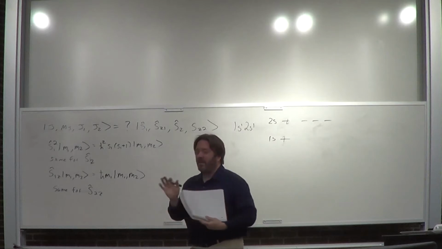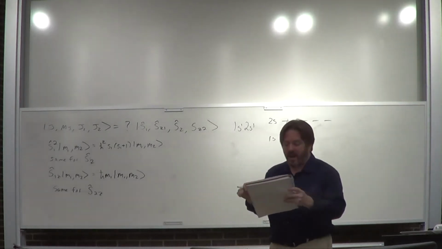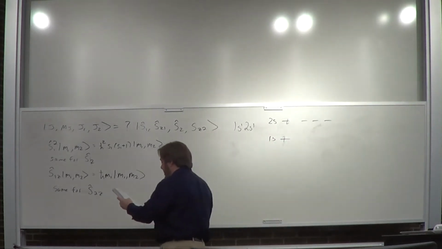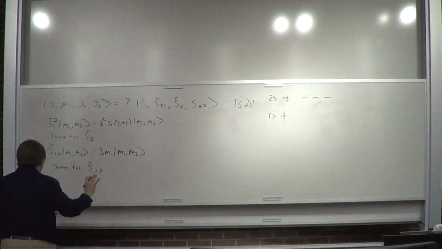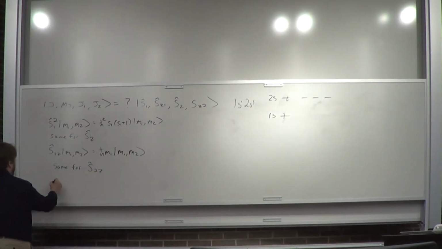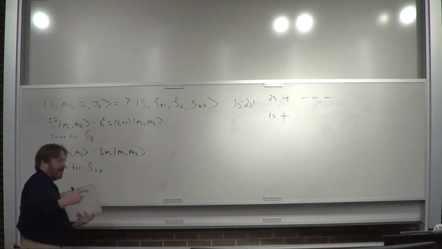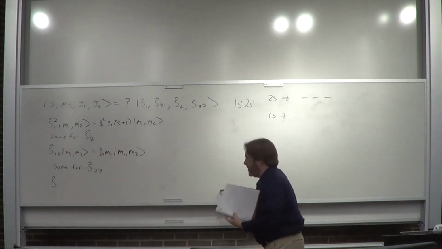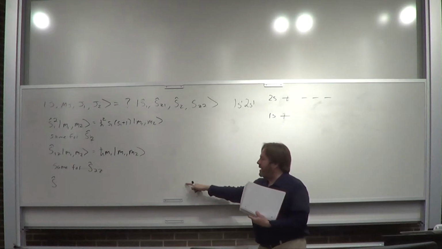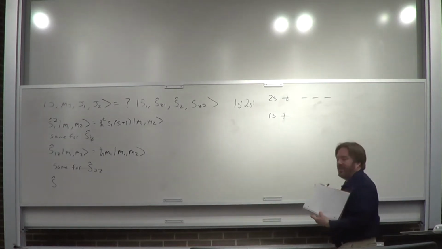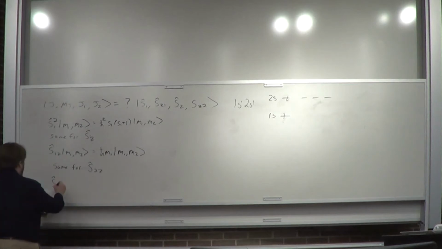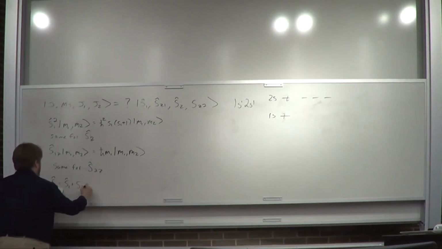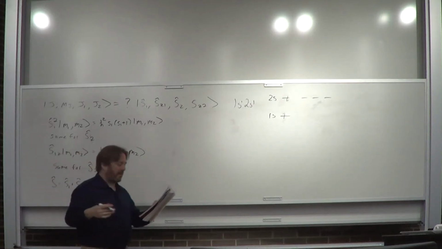Now, I covered this last time, but I'm going to write these operators out all the way again, like I did five minutes ago. So heads up. Total spin is S1 plus S2. That's a no-brainer.